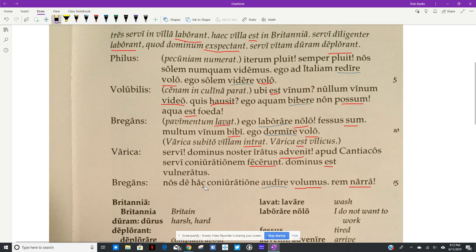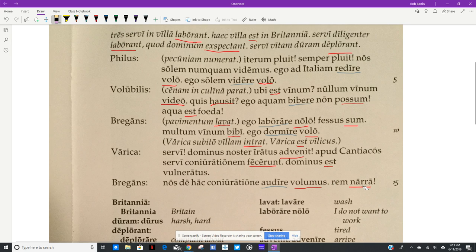This is the ablative case, which is the last of the major cases you have to learn. But we'll get to that in the upcoming chapter, which we're almost at. De very often means about.